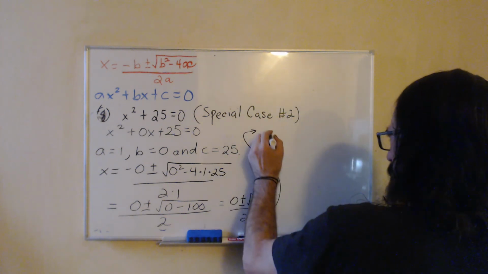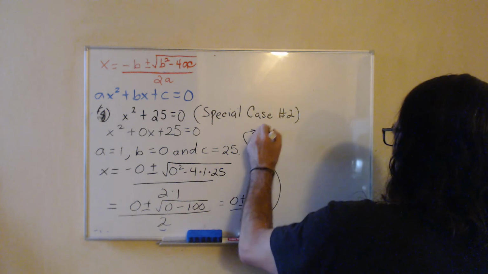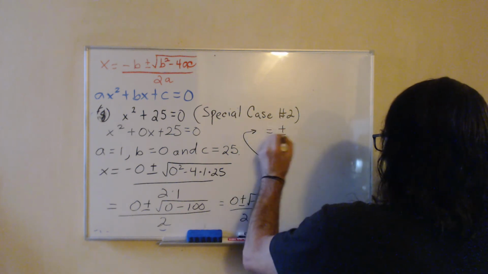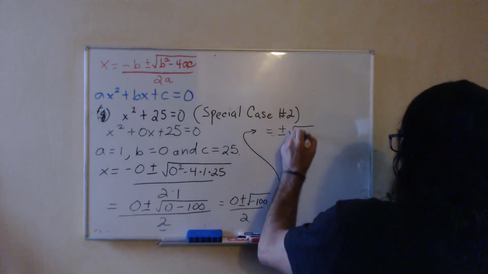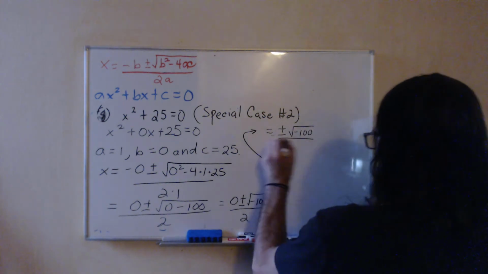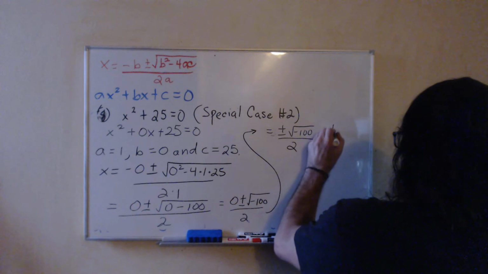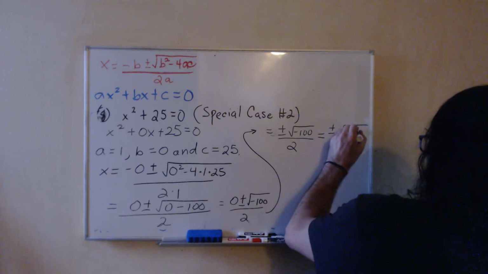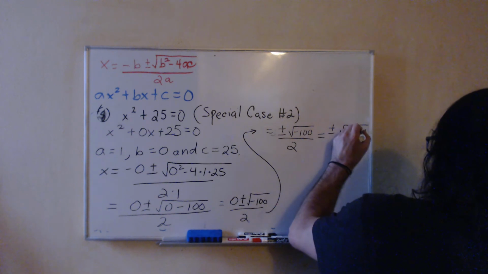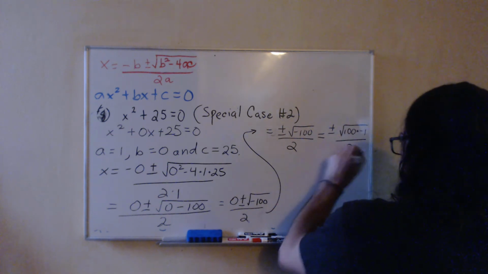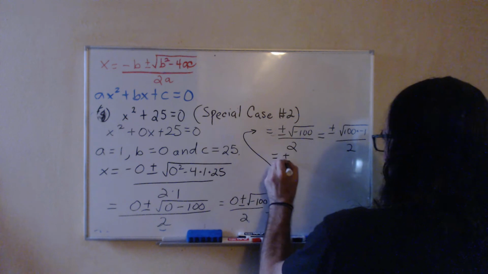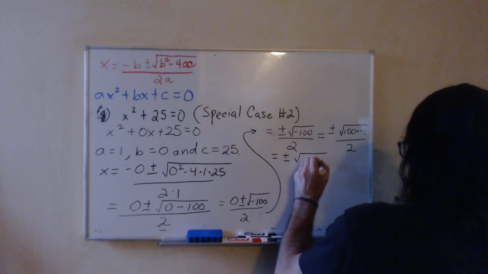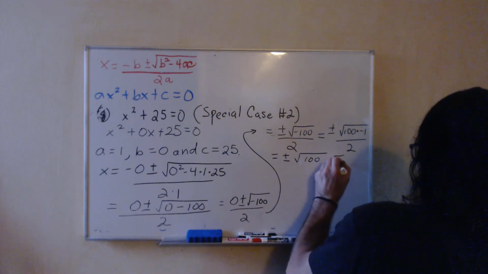And so we have plus or minus the square root of negative 100 all over 2. Splitting that up into the perfect square of 100 times negative 1, and applying the product rule for radicals.